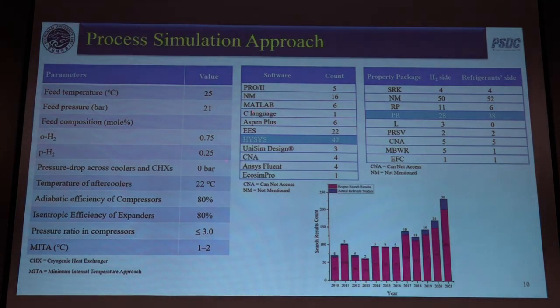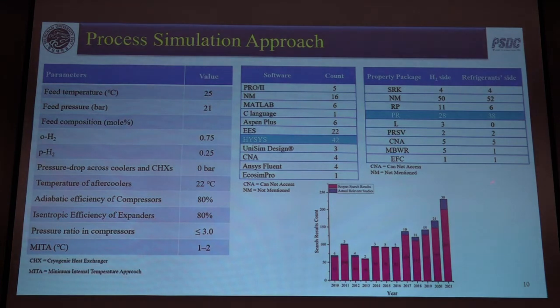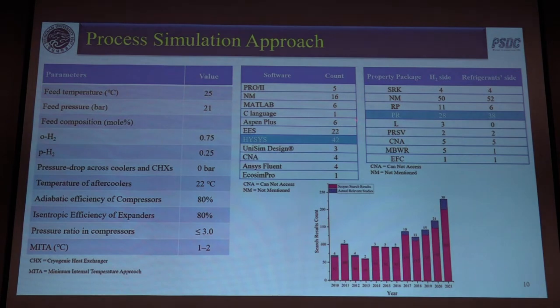When we looked at the literature, there has been a big boom in hydrogen liquefaction studies in recent times. Most of the studies are using Aspen HYSYS, so we use the same software. Following the trend, the same goes for PR. PR here stands for Peng-Robinson, the fluid package that we use for estimating the physical properties of the components involved in the mixed refrigerant system.